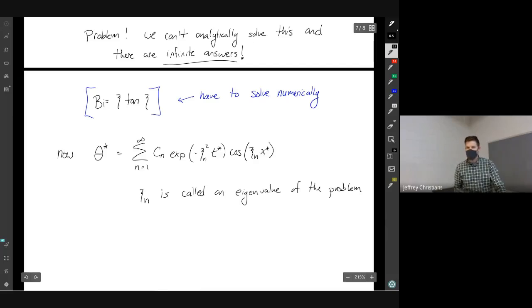So that's why we used this weird variable to denote what it is instead of just C. It's an eigenvalue of the problem.